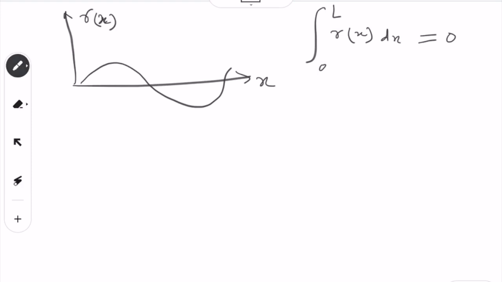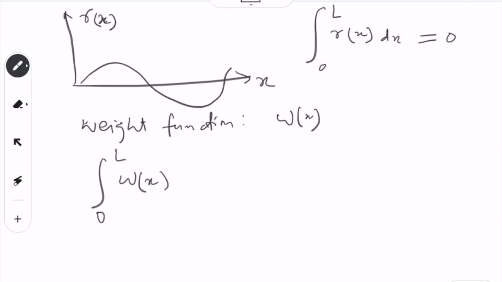Or we can also have a weight function, let us call it W(x), such that the integral from 0 to L of W(x) times R(x) dx equals 0. If you put in a weight, that gives you a lot of flexibility.